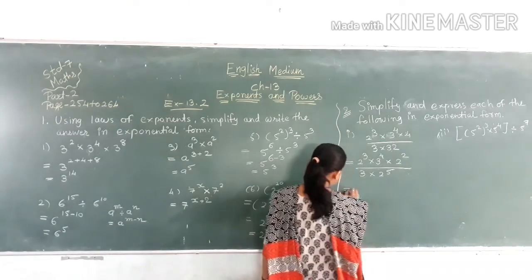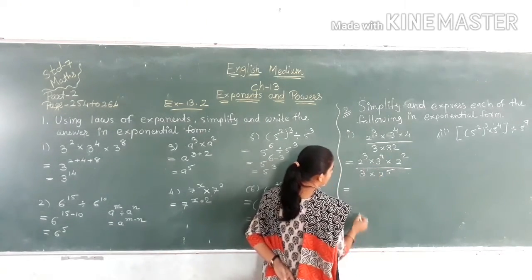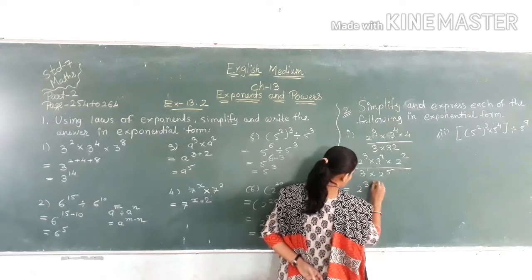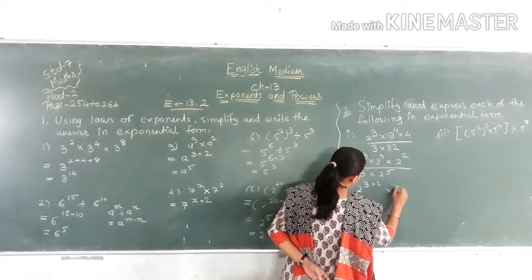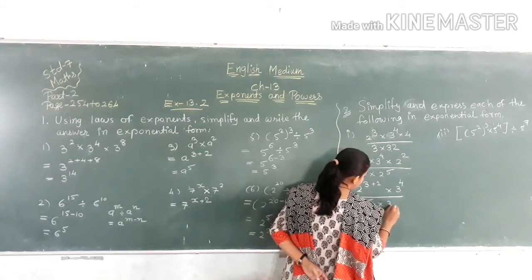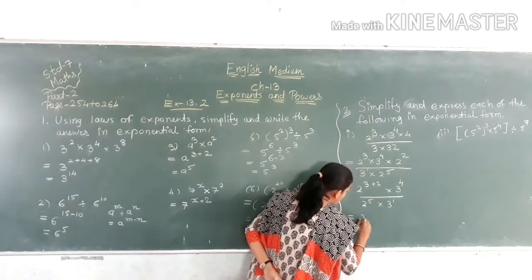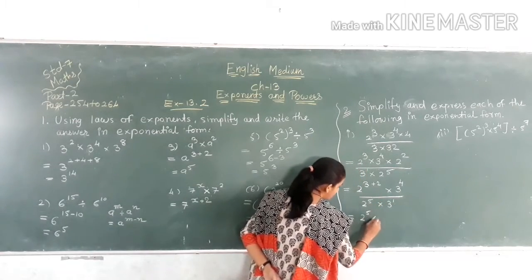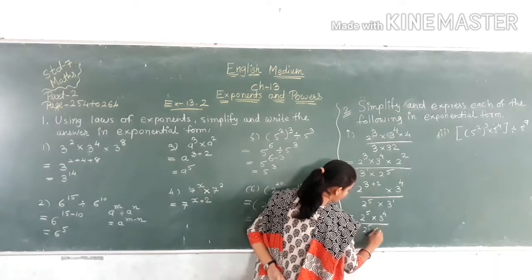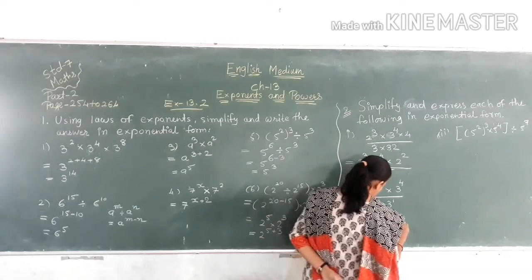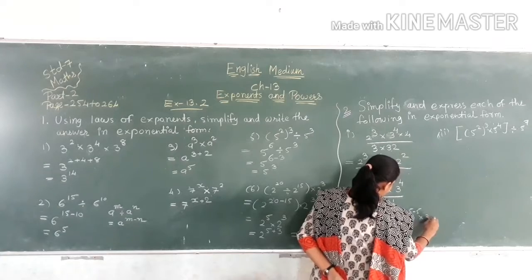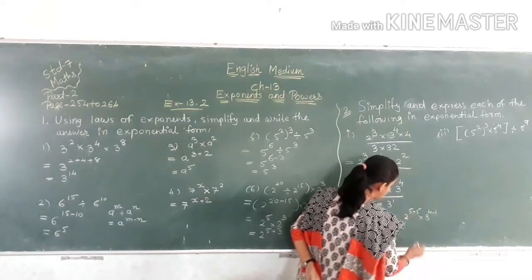Now here 2 raised to 3 plus 2, multiplied by 3 raised to 4, out of 2 raised to 5 multiplied by 3 raised to 1. Here 2 raised to 5 multiplied by 3 raised to 4, out of 2 raised to 5 multiplied by 3 raised to 1. So 2 raised to 5 minus 5, multiplied by 3 raised to 4 minus 1.